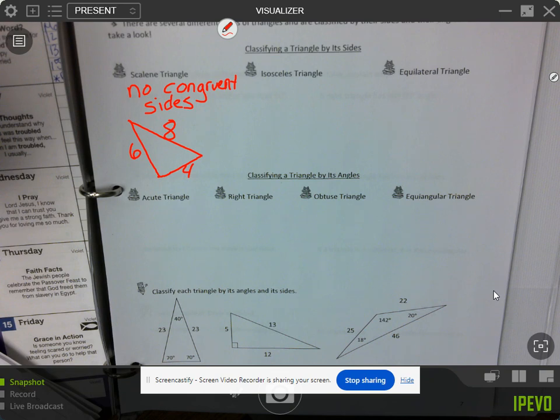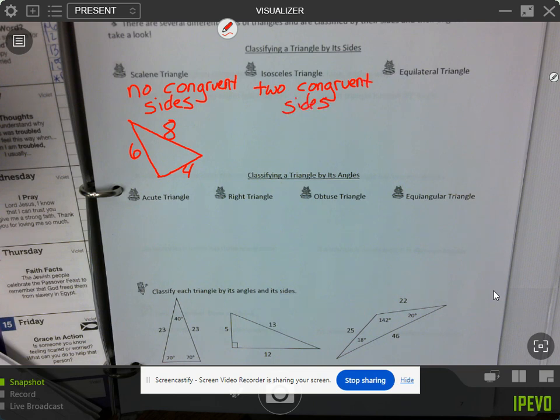Now we have an isosceles triangle. Any guess as to what an isosceles triangle is? Madeline? Is it two sides are the same? So we have two congruent sides.